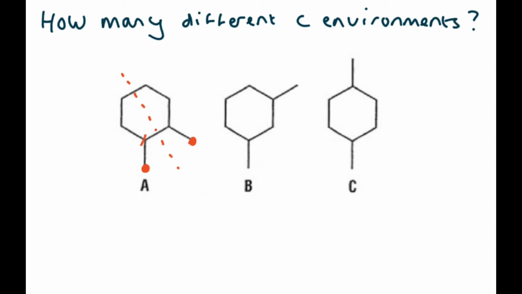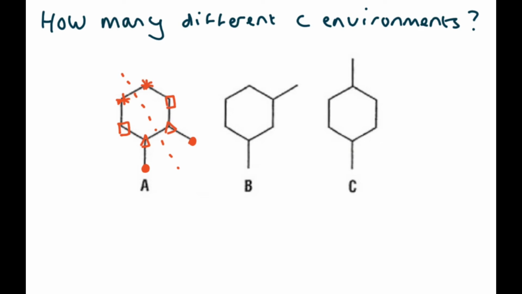Then we've got a CH, and those two are identical. They are both CHs joined on one side to a CH3, on the other side to a CH2. You can hopefully see where this is leading. Those 2 carbons are the same, and then finally these last 2 carbons are the same as well.